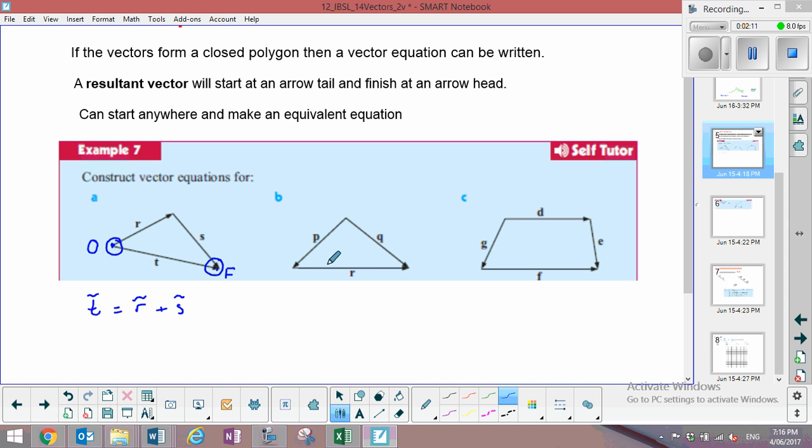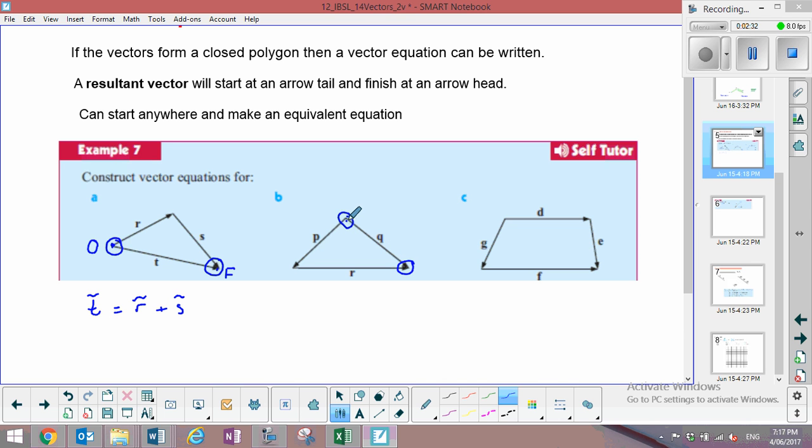In this case, we've got three vectors. We've got a vector p going that magnitude and direction, q going that magnitude and direction, r going that magnitude and direction. So we can ask, where are the two tails together? Here are two tails together, and here are two heads together.